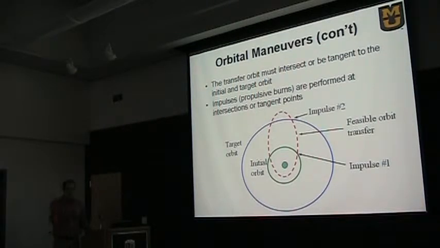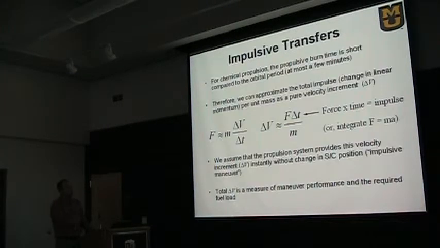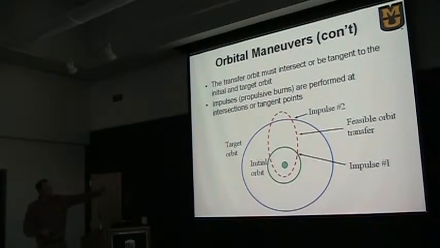And as was indicated, you apply these impulses. Impulse 1, where it intersects the initial orbit, impulse 2 at the top orbit. So two birds, or two impulses, and then you've got the desired orbit and the transfer. So during that transfer, it's all coasting. There's no powered propulsive maneuvers going on.